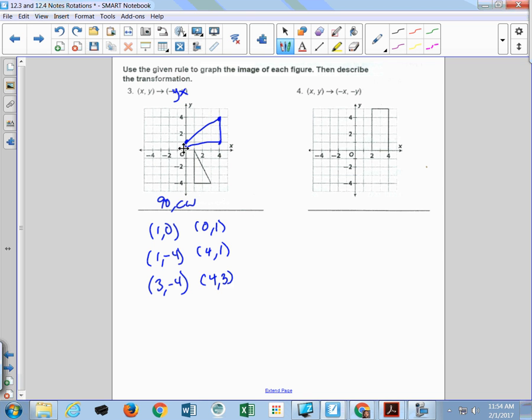All right. So there is our 90 clockwise. That doesn't seem right. That is 90 counterclockwise. Yeah, that's why I missed it. It wouldn't work for me. This is supposed to be counterclockwise.